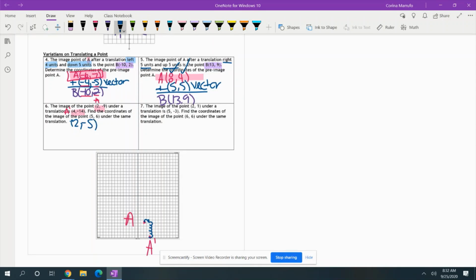So that's the vector. Now it says find the coordinates of the image. So we're looking for the new point of (5, 6) under the same translation. So our translation is (2, -5).